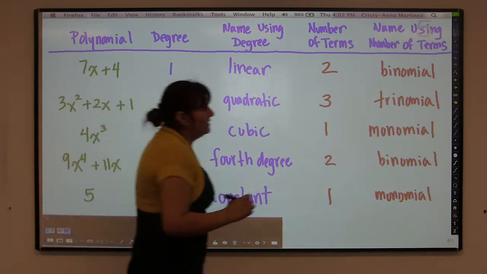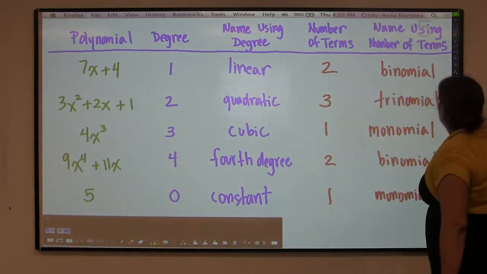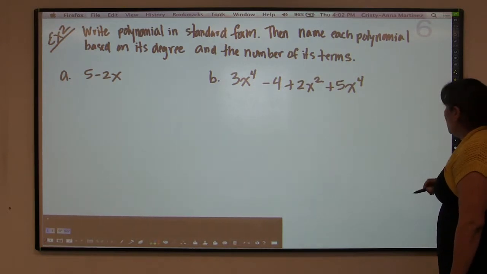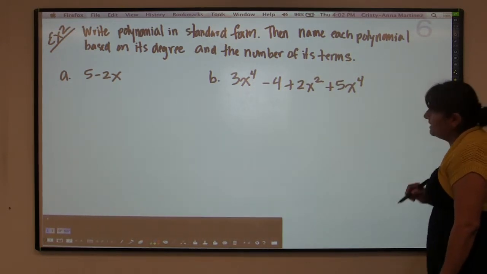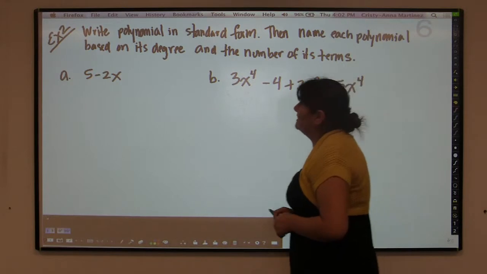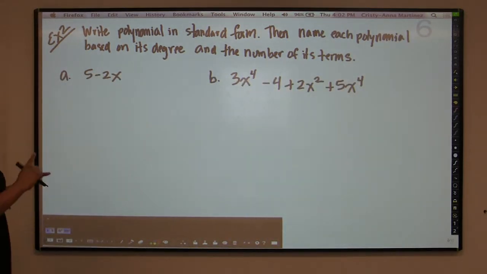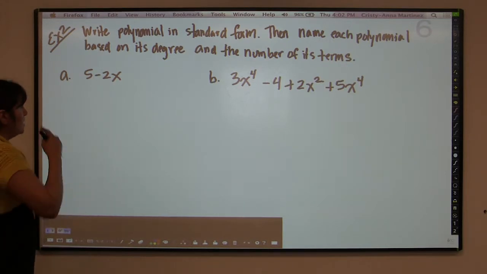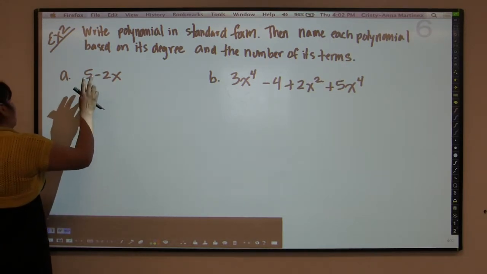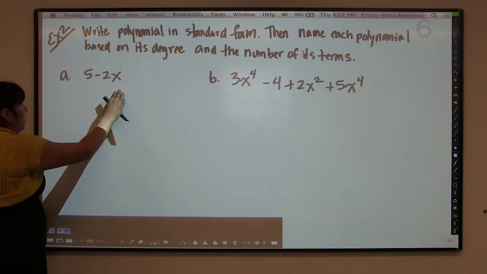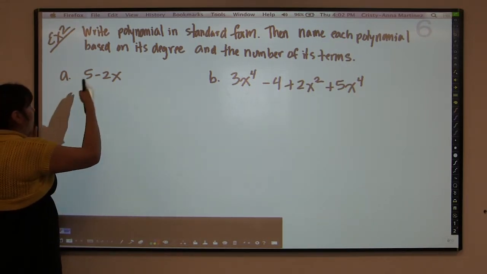So keep that in mind and write it down in your notes so that when we get to this example, we're going to be asked to do a couple of things here. It says, write the polynomial in standard form and then name the polynomial based on its degree and the number of terms. So first thing is that this degree is 0 and this degree is 1, so they're not in the right order because it's supposed to get smaller from left to right.